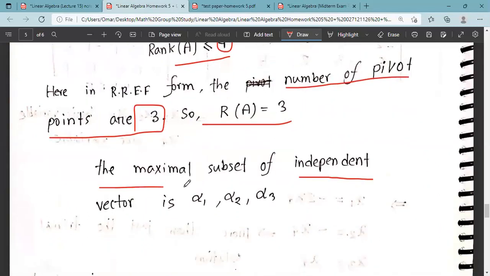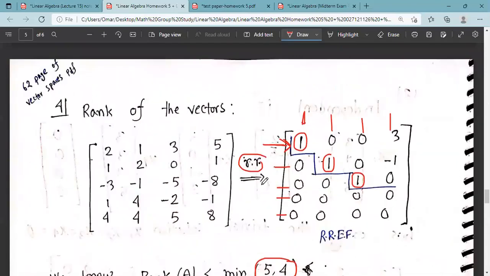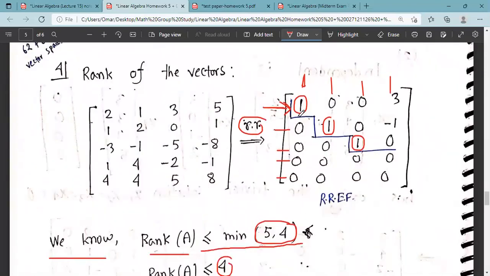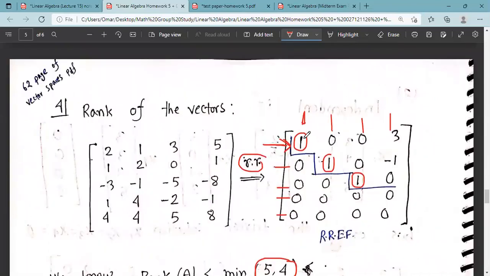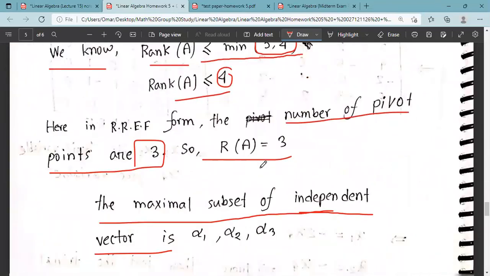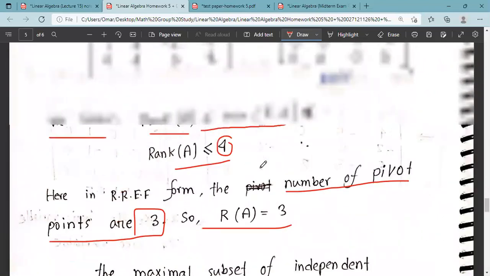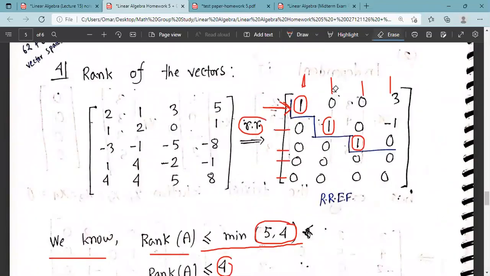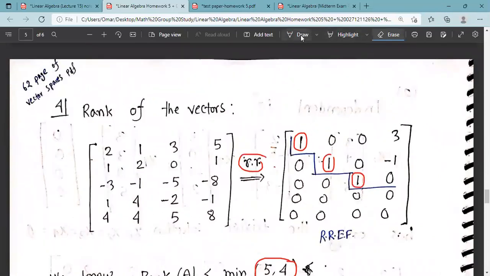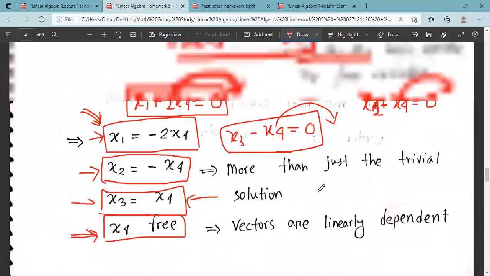And the maximal subset of these independent vectors is alpha 1, alpha 2, and alpha 3. If you look here, we have a maximal subset. We have 3 equations, we have 3 rows.